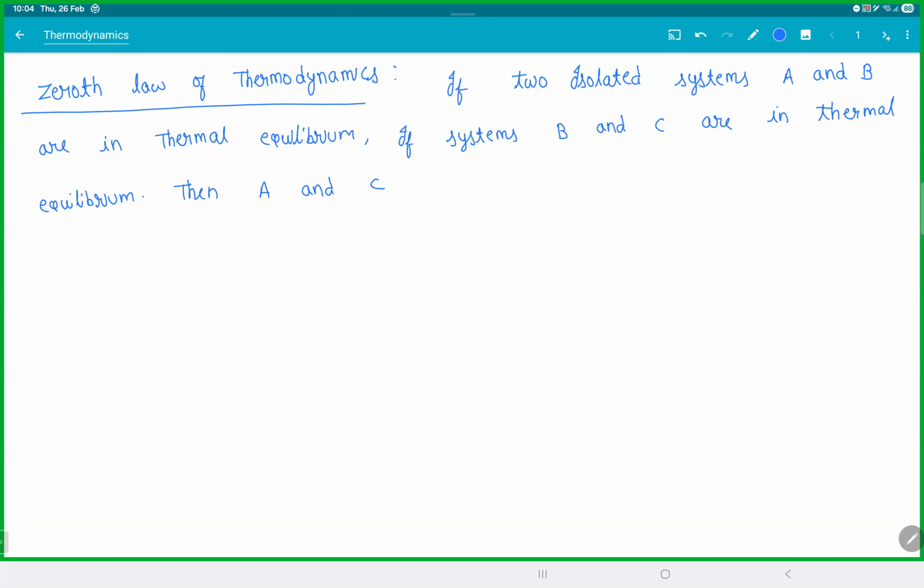Kind of looks obvious actually. Indirectly, if you see what they're saying. If A and B have same temperature and B and C have same temperature, then A and C have same temperature. Isn't that what it is being said?